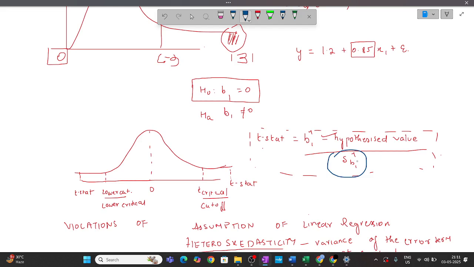So guys, if this number is very small, SB1 is very low, if it is deflated, then our T stat will be big. Guys, do you agree with me?